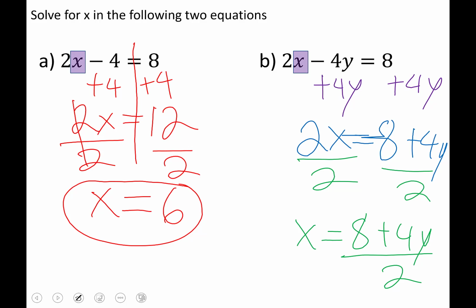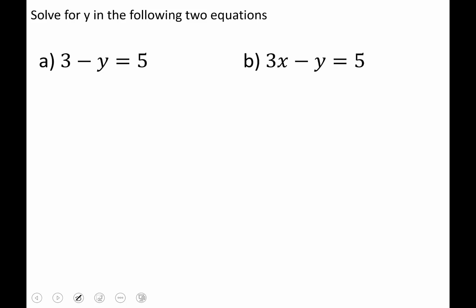So, same steps we did on the first one: I added 4 to both sides, while here I added 4y, and then on both of them, divided by 2. So think about what the differences are. All right, let's look at the next set.